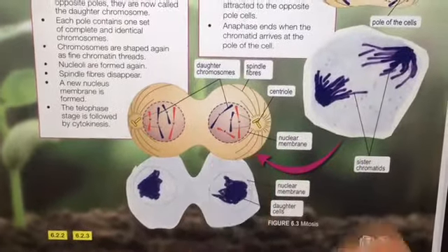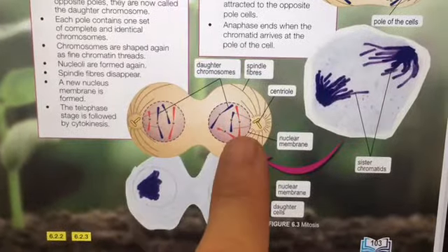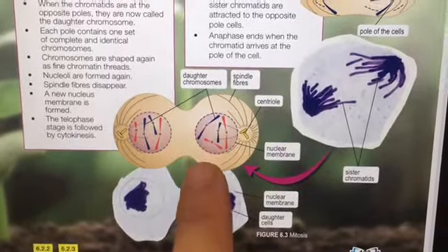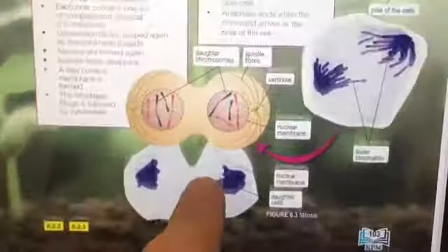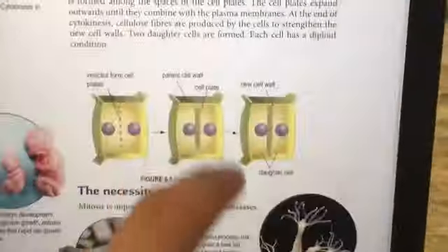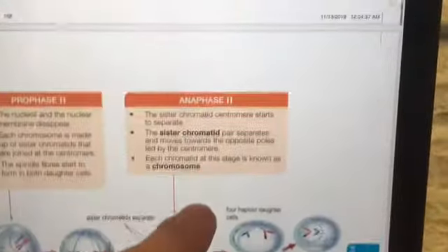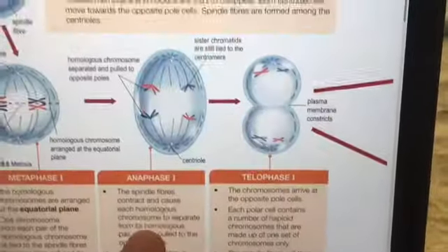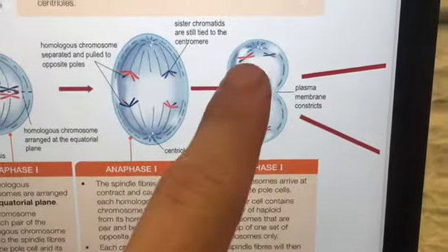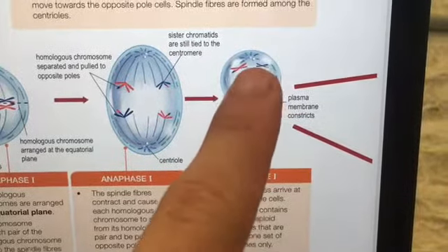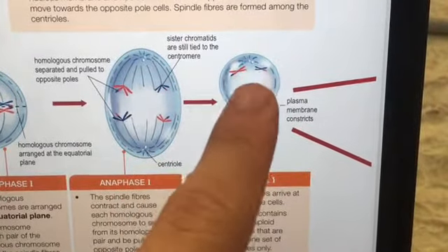This one has 4. So in mitosis, each polar cell has two pairs. But in meiosis, especially meiosis 1, telophase 1, each polar cell has one set.